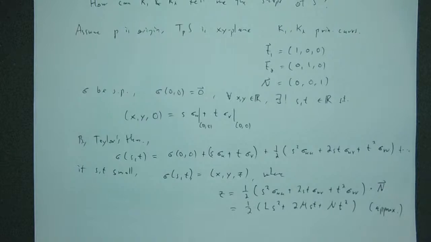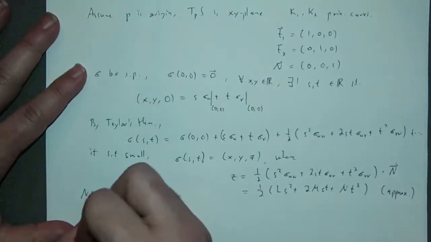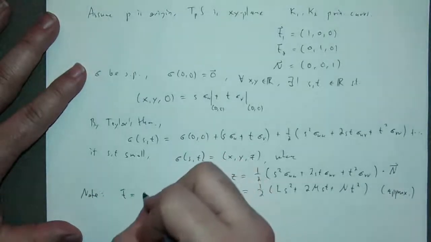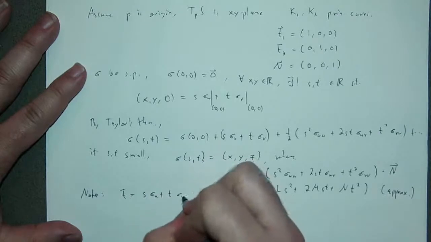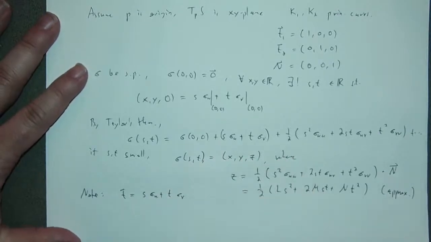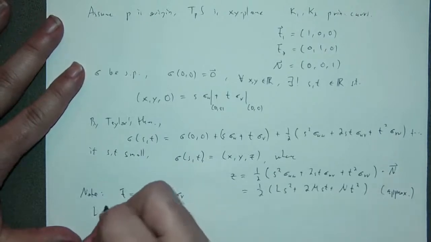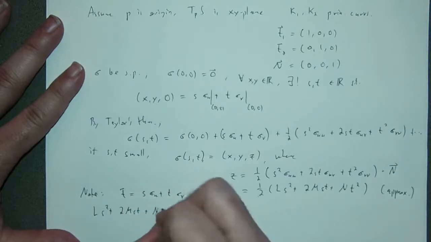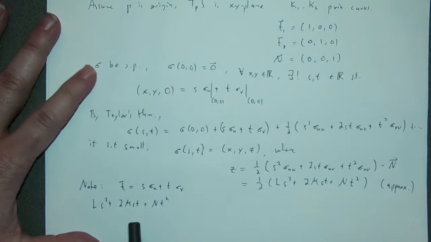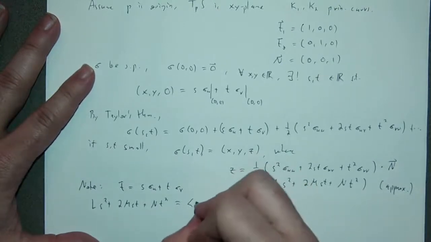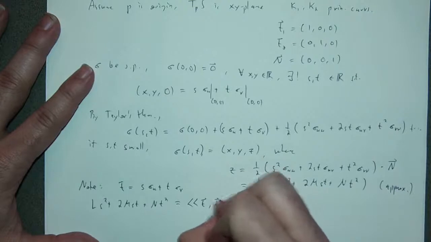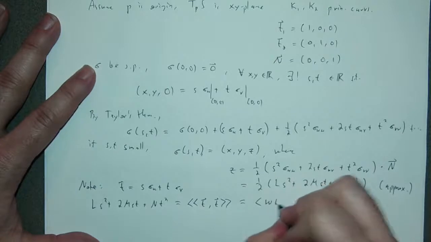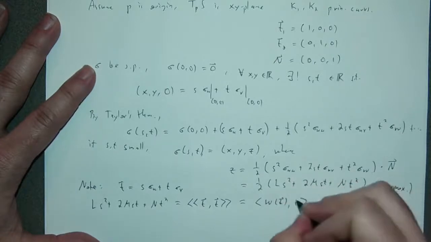Well, note if my vector t is S sigma u plus T sigma v, then this L S squared plus 2M ST plus N T squared comes from the second fundamental form. So really, this is the second fundamental form of t paired with itself.